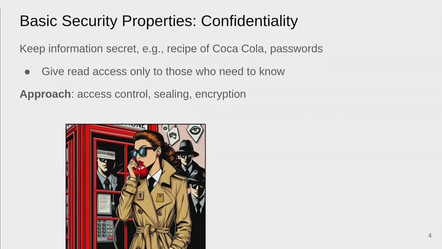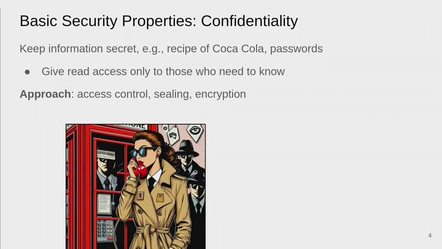So confidentiality describes how you can ensure that this data remains confidential. The idea is that you give read access only to those who actually need to know, which means that you prohibit read access for anybody else. Approaches could be access control, sealing, encryption, or whatnot.